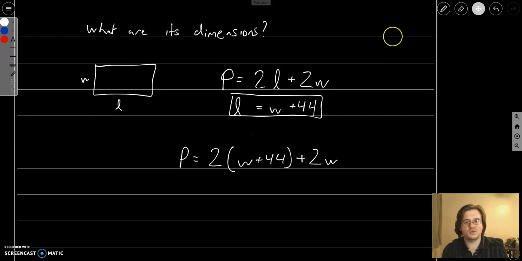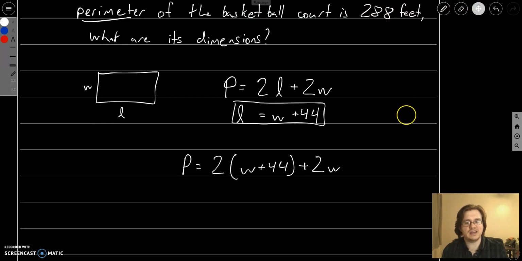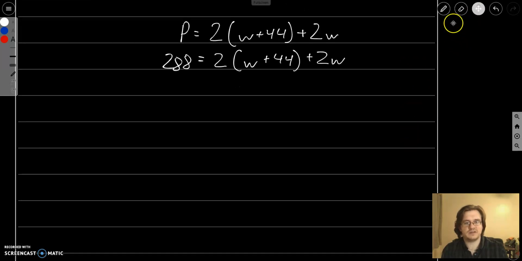And we also know that the perimeter is 288 feet. So this perimeter is just 288. It's going to be 2 times (W plus 44) plus 2W. So this is fairly straightforward.